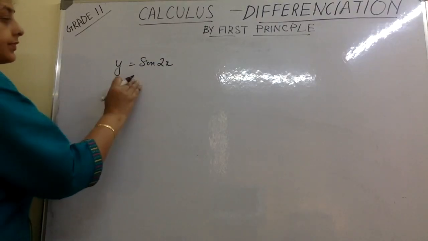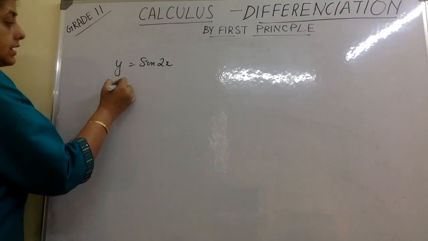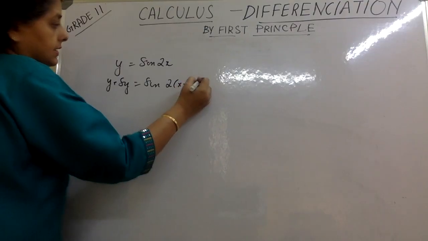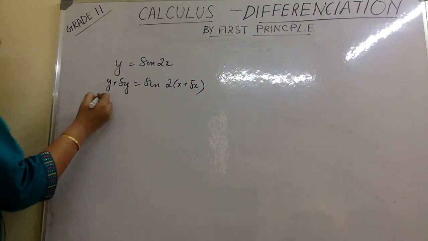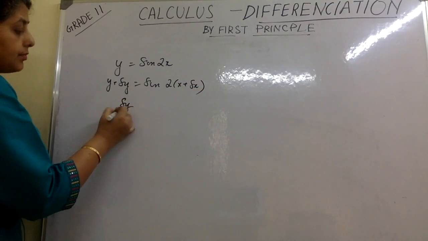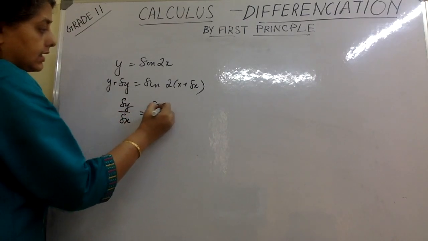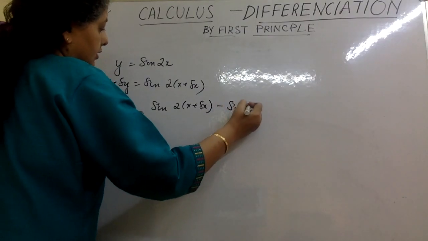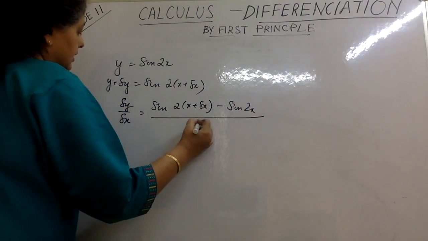Now here y plus del y is sin of 2 times x plus del x. Then del y by del x is sin(2(x plus del x)) minus sin 2x, by del x.